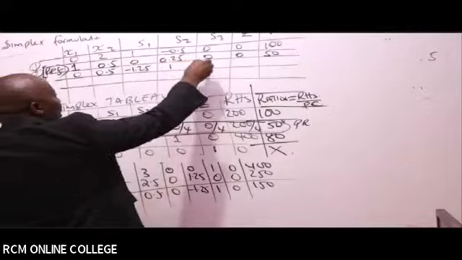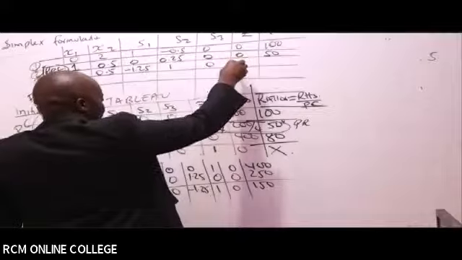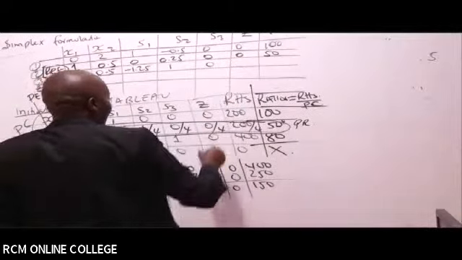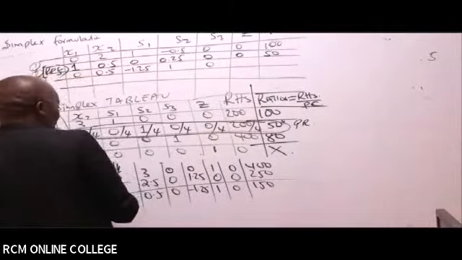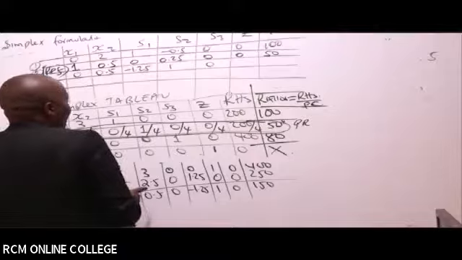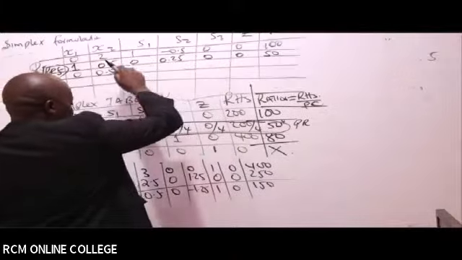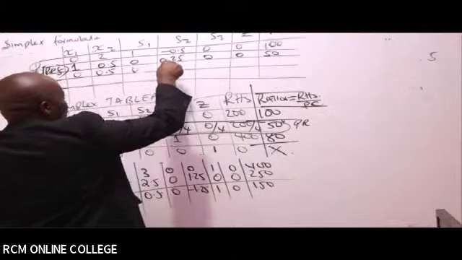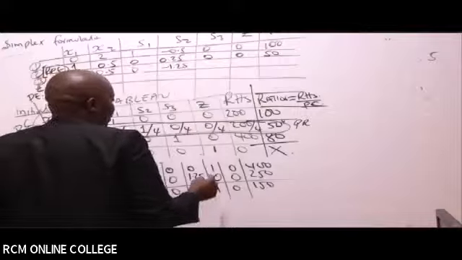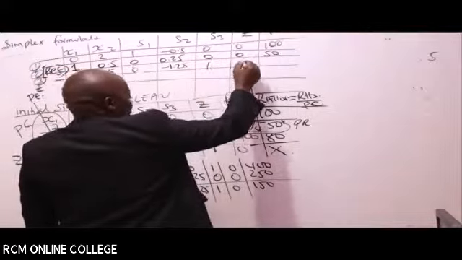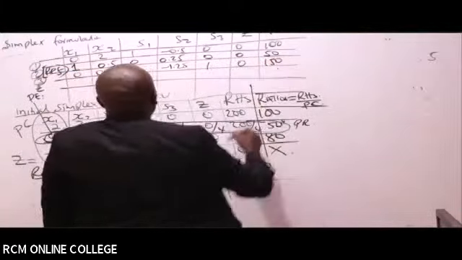Did I skip something? Yes, I skipped a 0. So 0, 0.5, minus 1.25, then we have 1, then 0, and then 150 like that.